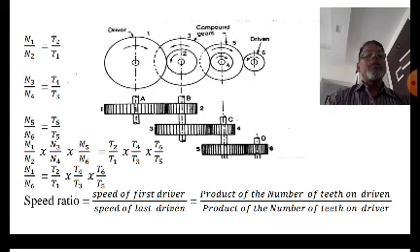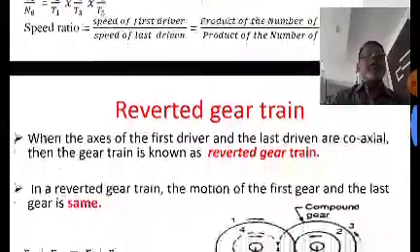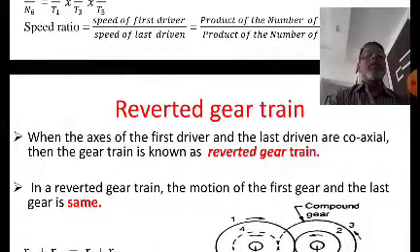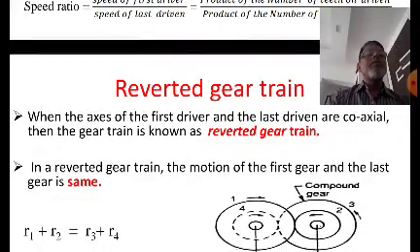Therefore the speed ratio, the speed of the first driver divided by the speed of the last driven, is equal to the product of the number of teeth on the driven divided by the product of the number of teeth on the drivers, right?